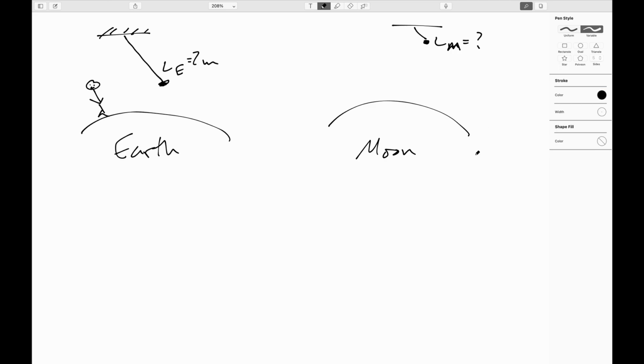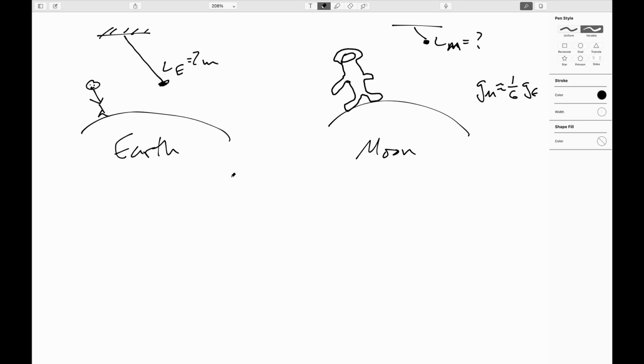And we can remember that the gravitational field strength on the moon is pretty darn close to 1/6 that on the Earth. Oh, we have to draw in your friend. That would be really sad if we didn't draw in your friend. Okay, I tried really hard to draw a spacesuit there. Didn't work out so good.